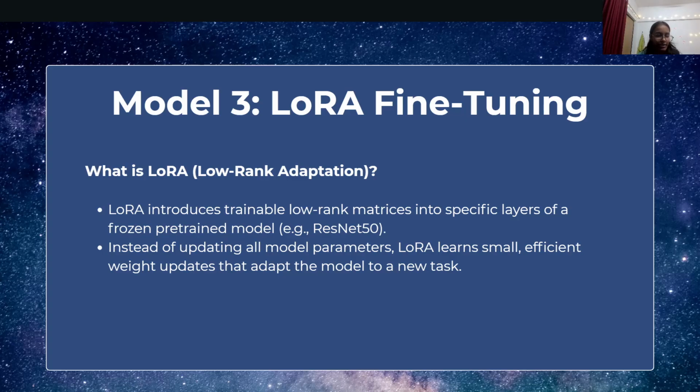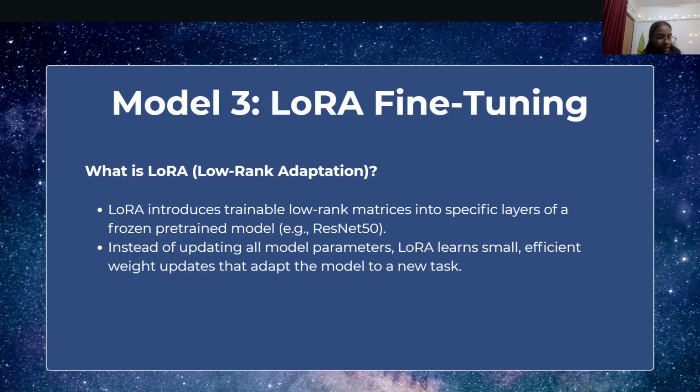Instead of updating millions of parameters in the pre-trained model, LoRA keeps the original weights frozen and introduces a few small trainable matrices called low rank adapters into selected layers such as convolution or attention layers. These adapters learn the necessary adjustments to adapt the model to a new task.